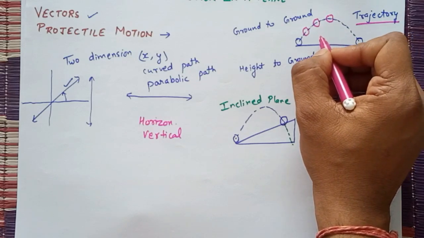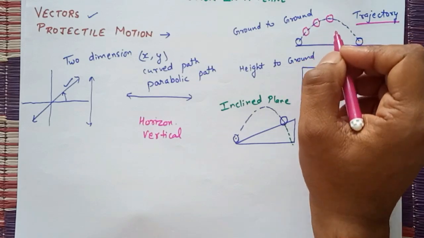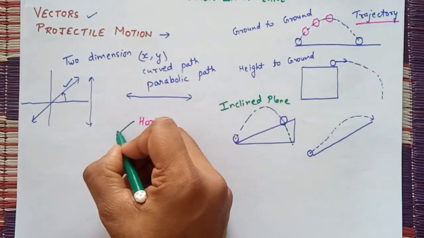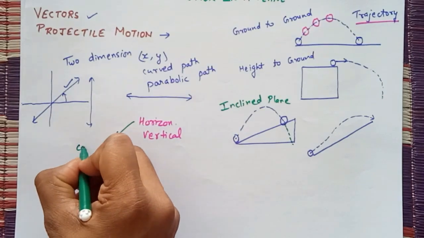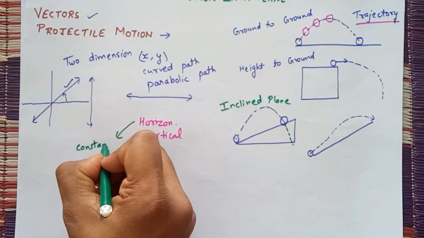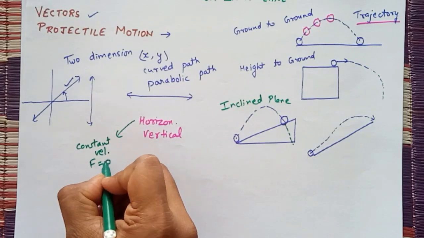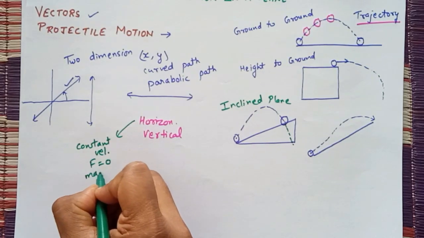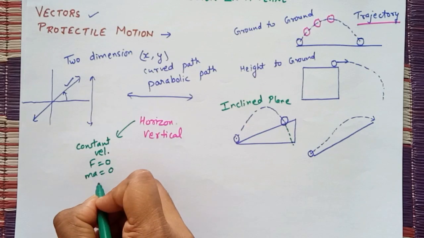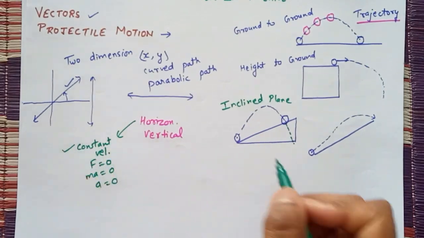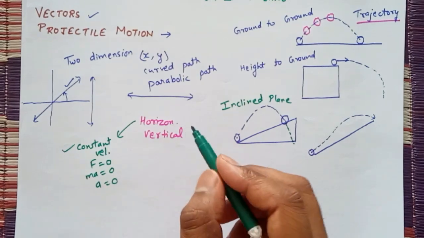Means in the horizontal direction we have not applied any force. So in the horizontal direction, it will move with constant velocity. Why constant velocity? Because no force is applied. When force is not applied, then F equals ma, so acceleration will be 0. When acceleration is 0, the velocity will be constant in the horizontal direction.